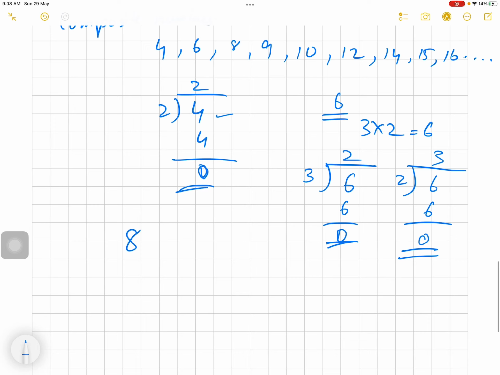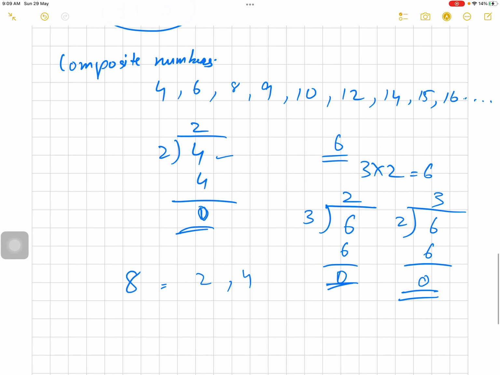And 8 is divisible by 2, it is divisible by 4, right? So 4 2s are 8 or 2 4s are 8, so 8 is also divisible.